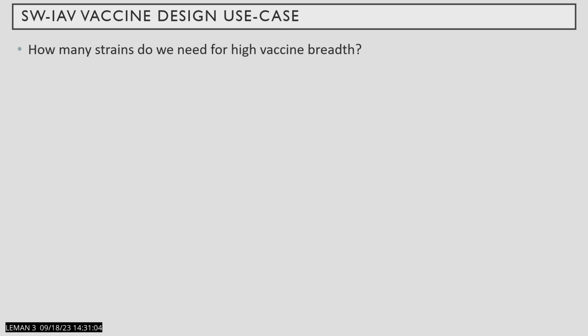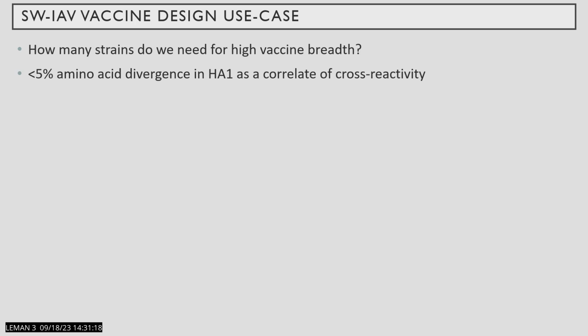The question was, given the surveillance system that we have, how many strains do we need to achieve high vaccine breadth, high vaccine coverage in terms of the number of strains that it can protect from? And the assumption that went into this, and this assumption comes from empirical evidence, is that less than 5% divergence in the HA1 region of the hemagglutinin is usually a correlate of cross-reactivity.